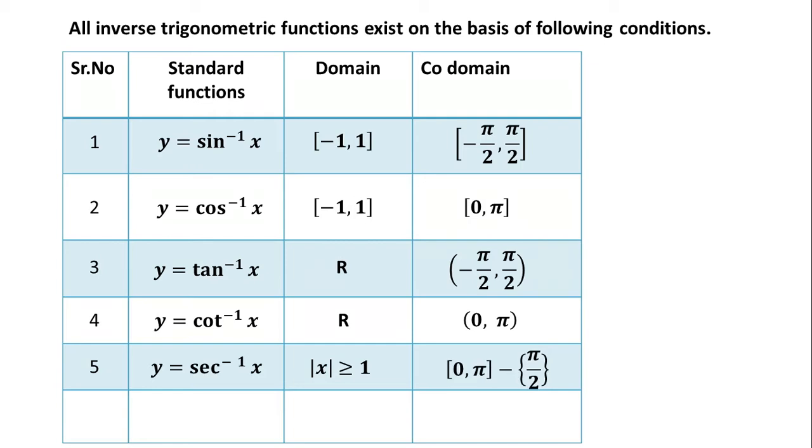And the codomain is the closed interval 0 to pi minus pi by 2. Minus pi by 2 means we have to exclude pi by 2 from the closed interval 0 to pi, because sec inverse is the inverse of the sec function, and for the sec function, sec pi by 2 is not defined. So for that we have to remove pi by 2 from it.